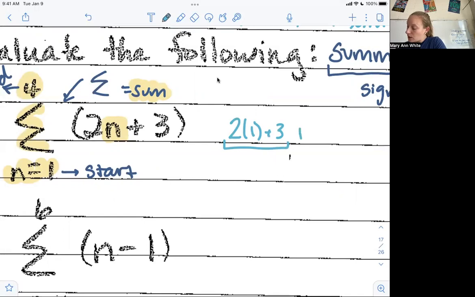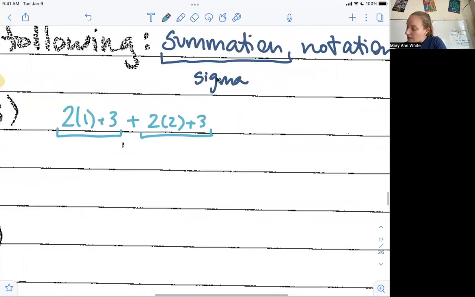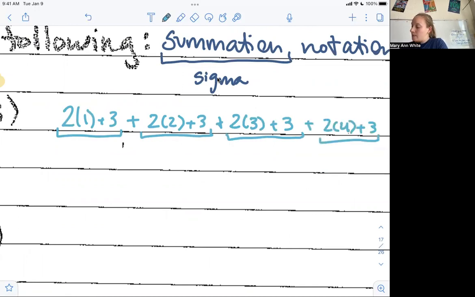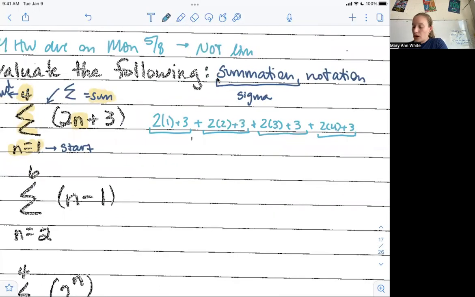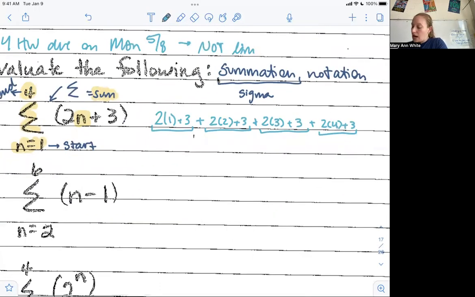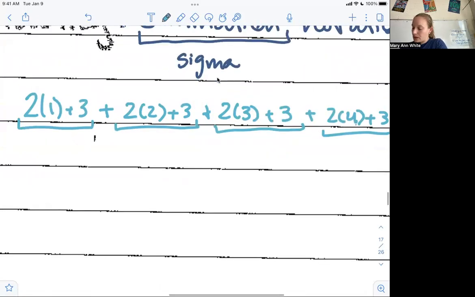Now we're going to plug 2 in, so we're going to add that to 2 times 2 plus 3. That's my second term. Add that to 2 times 3 plus 3, and then add that to 2 times 4 plus 3. So you're just plugging in 1 through whatever the top number is into your expression. And then you're going to solve what those terms are and add them together.